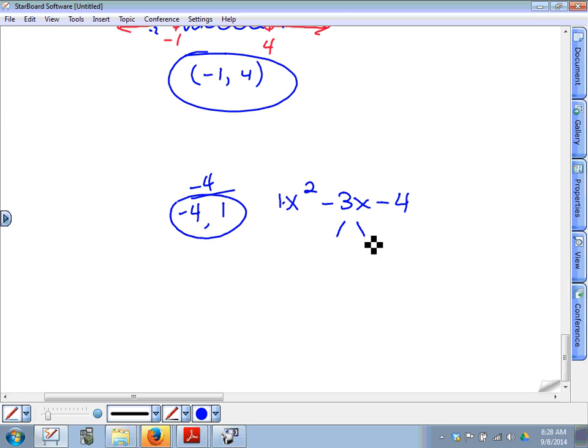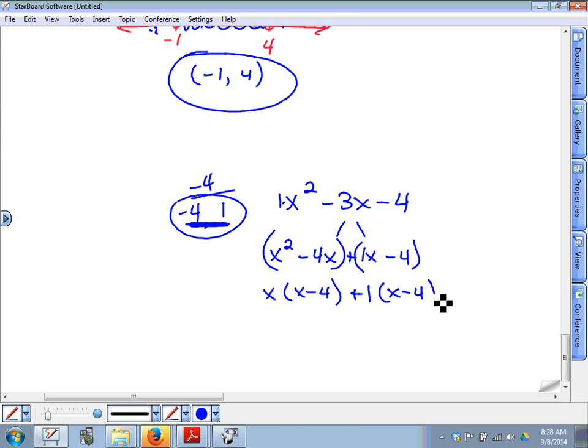So we take those numbers and split this middle term. So we have a -4x and a +1x. Those came from these two numbers right here, -4, +1. Now that we have four terms, you group. From that first group, you can take out an x. That leaves you with x minus 4. Now from this group, it doesn't appear that they have a common factor, but they really do have a +1, and that's going to leave you with x minus 4.